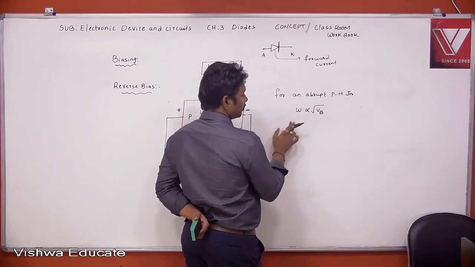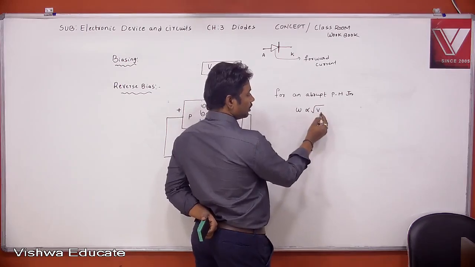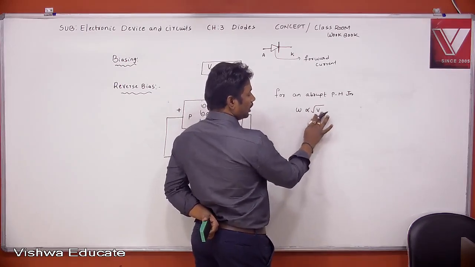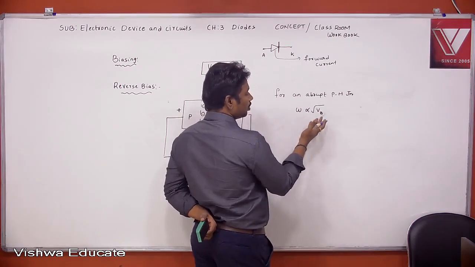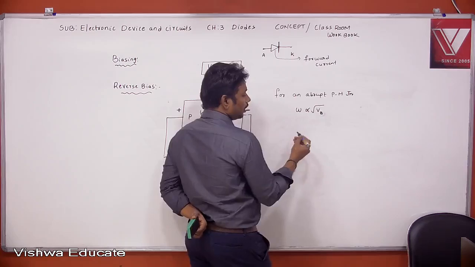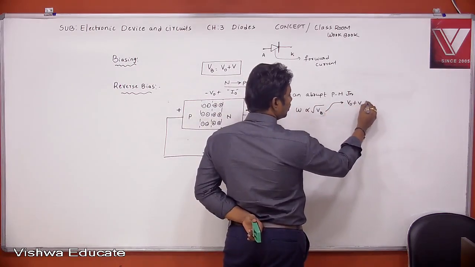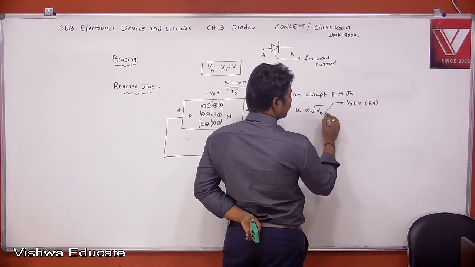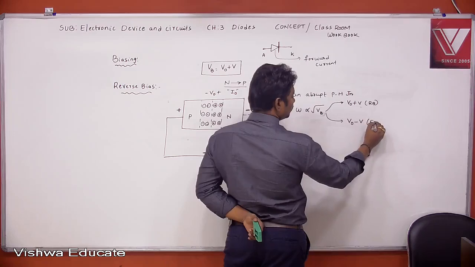This is in case of biased condition. In case of unbiased condition, this V0 becomes VB. VB is V0 plus V in case of reverse bias, and in case of forward bias this is V0 minus V.